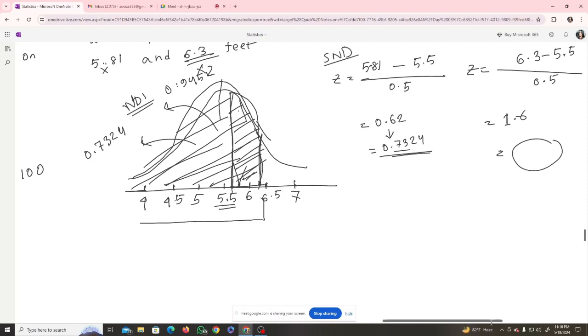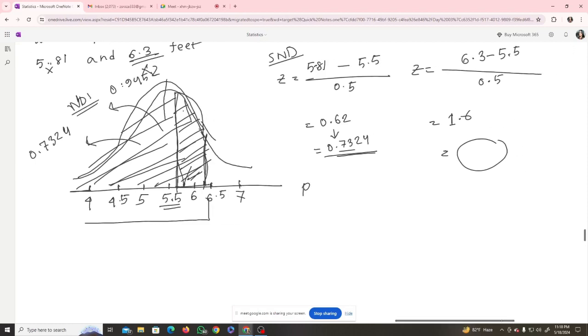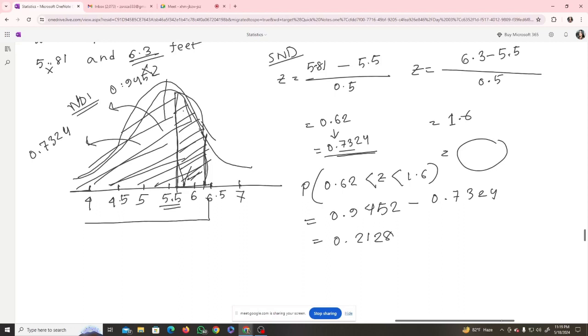So let me write it in a formal manner: 0.9452 minus 0.7324, you will get 0.2128, and 0.2128 times 100 is equal to 21.28 percent. So what do we understand?